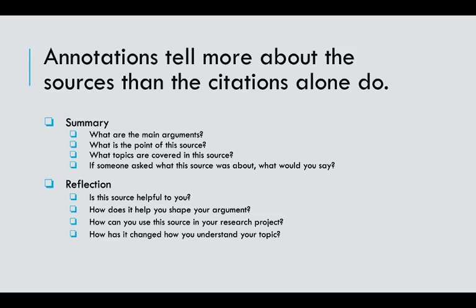If someone came up to you and asked, what is this source about, what would you say? When you write a summary, you're going to be thinking of those questions and trying to answer them. Keep in mind that a summary is not simply one or two sentences, but is going to take several sentences, depending on the length of your source.